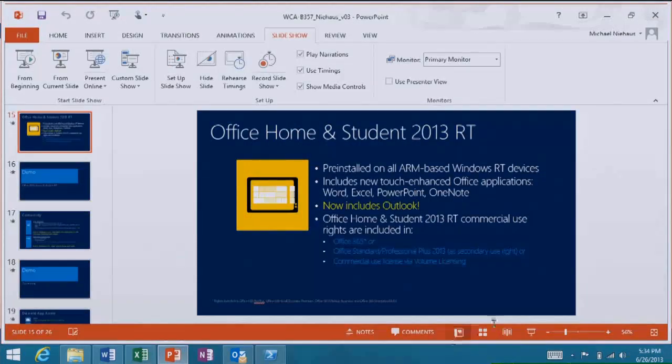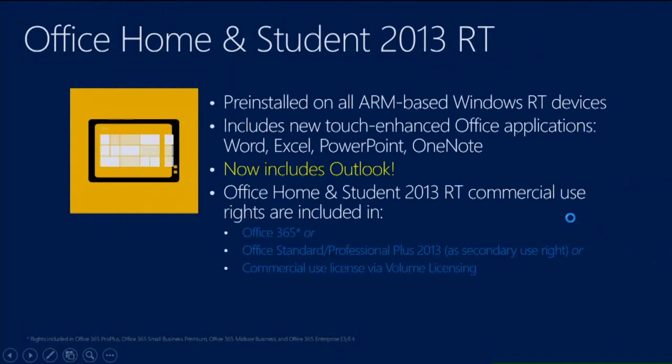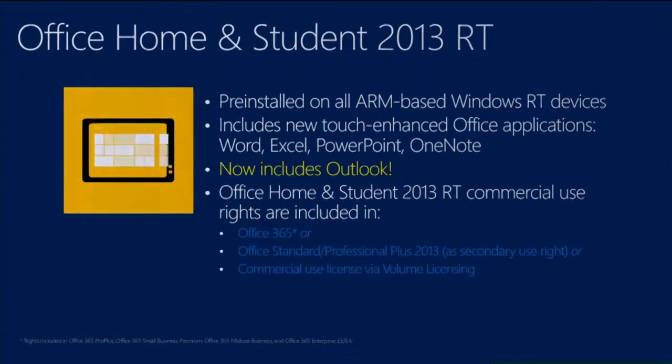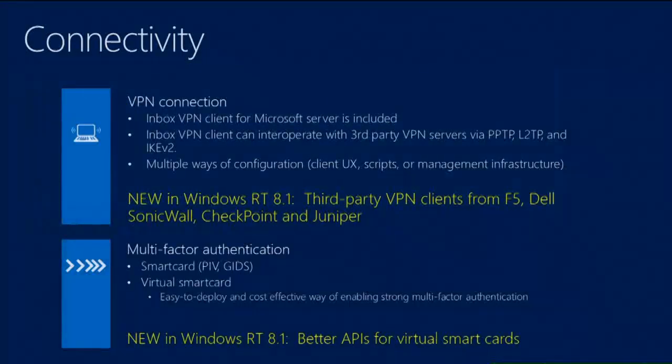So let's pick up where we left off, and talk about connectivity. This was one of the challenges with the original Windows RT. If you wanted to make a VPN connection from Windows RT, there was one VPN client included in Windows RT. It was a VPN client that Microsoft wrote that knew how to talk to a Microsoft VPN server.